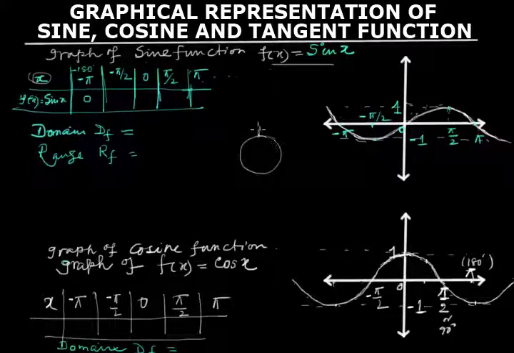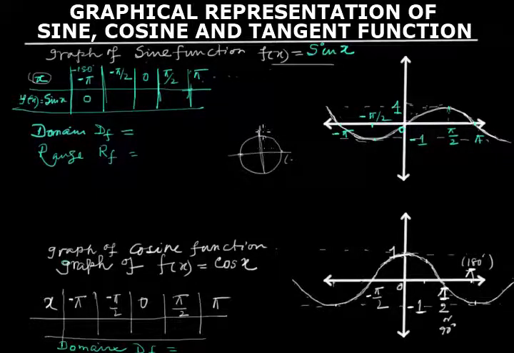We know the value of sine x here is 0, and when rotating, the value of sine x is 0 at 0. So at minus pi the value of sine of minus pi is 0.